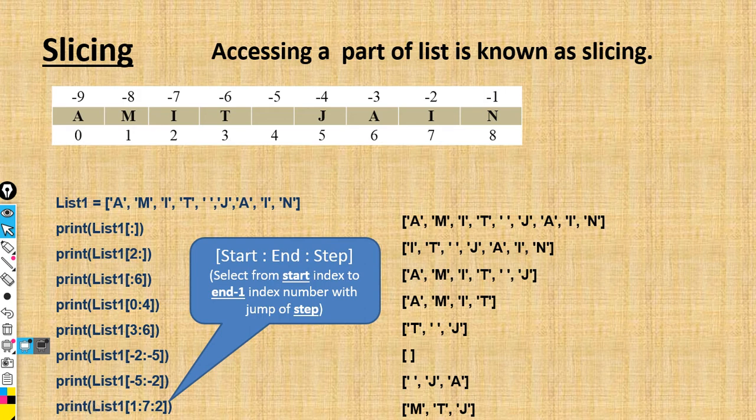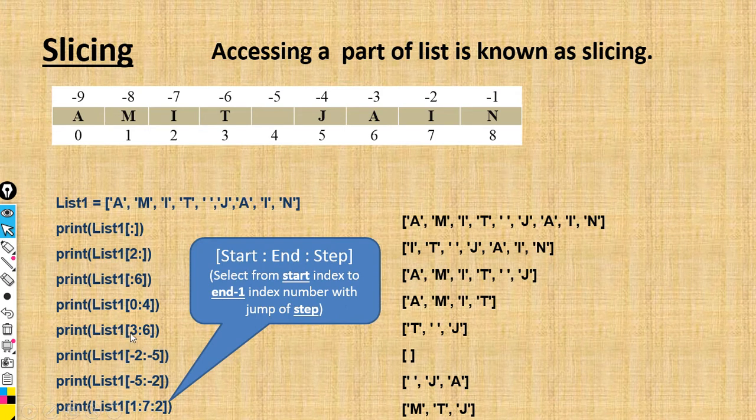It will print AMI. To print up to AMIT, up to T, I must write the end index as 4, so that we will get the last index as n minus 1 to be displayed. If we write 0 to 4, it will display AMIT.